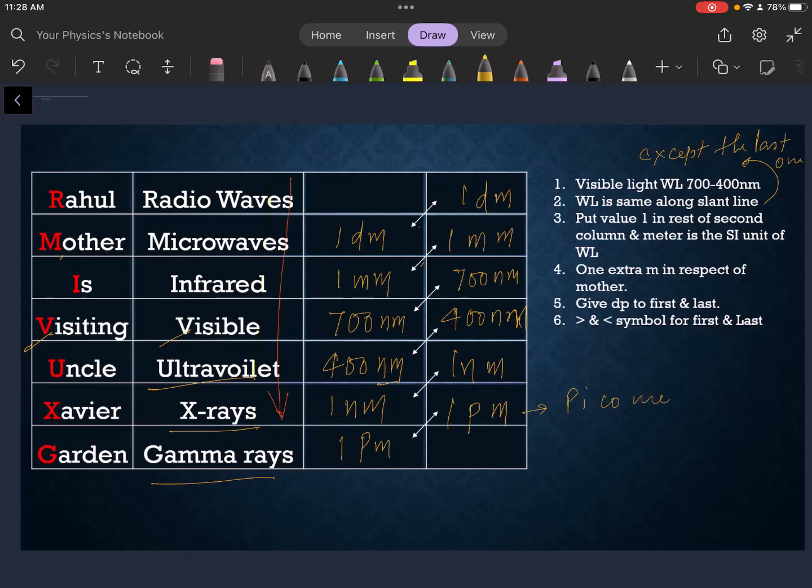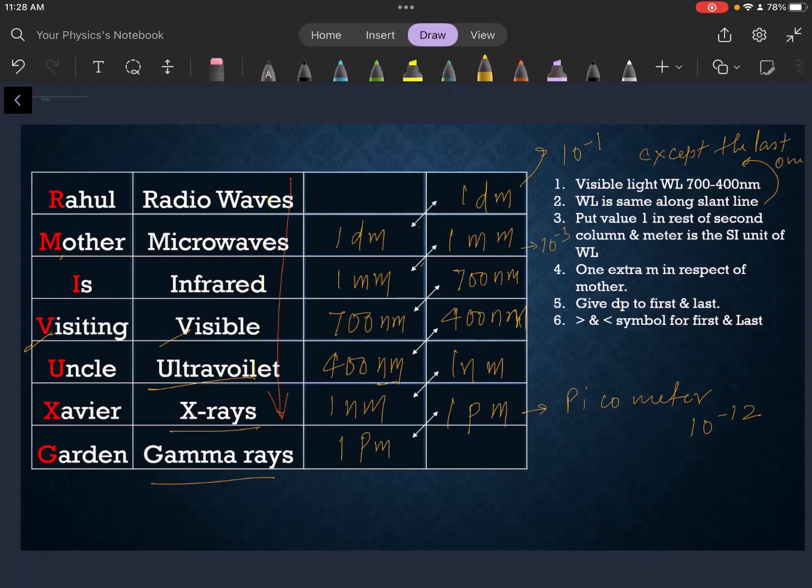Picometer is 10 to the power minus 12, decimeter is 10 to the power minus 1, and mm is 10 to the power minus 3.